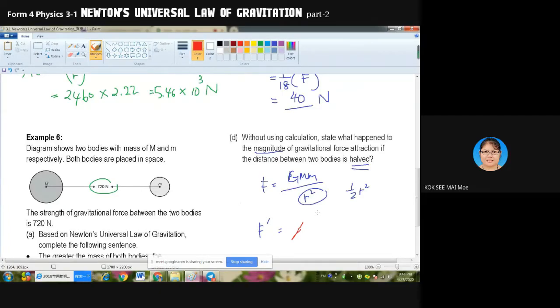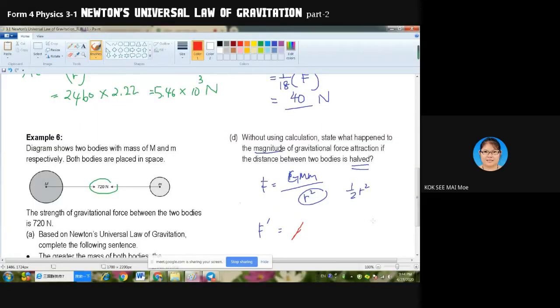Take a while. Okay, for the others, if you cannot find it, then you can try to do the calculation first. Although they say cannot do, you just show lah. My pen cannot function.